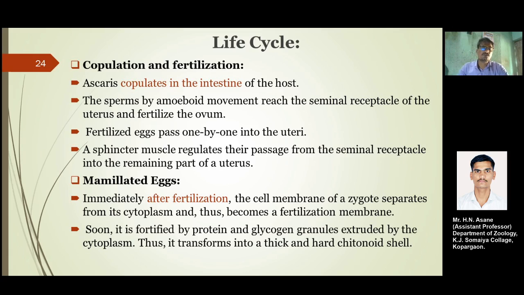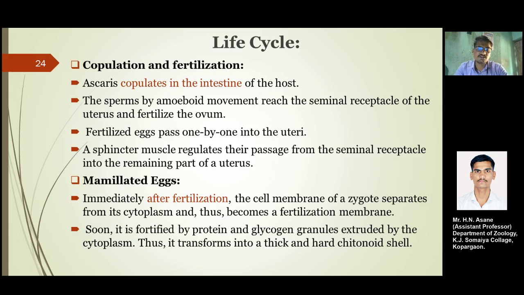Okay, so after the fertilization, these fertilized eggs are passed one by one into the uterus. Okay, and that uterus is going to store these fertilized eggs, as we have seen.